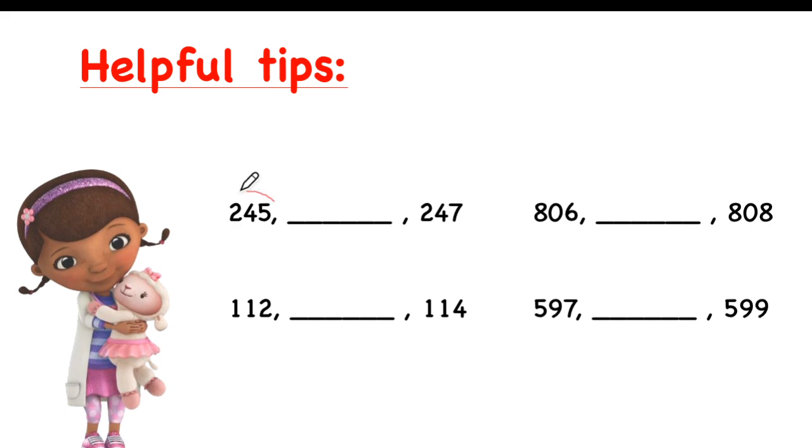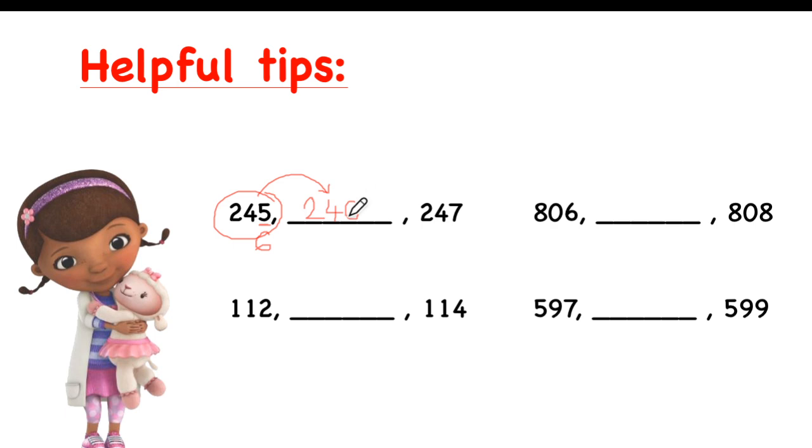I will work with this number, 245. What is after 245? If I want to find the number that is after, I need to change the ones digit, plus 1. How much is 5 plus 1? It is 6. So which number comes after this number? 246.